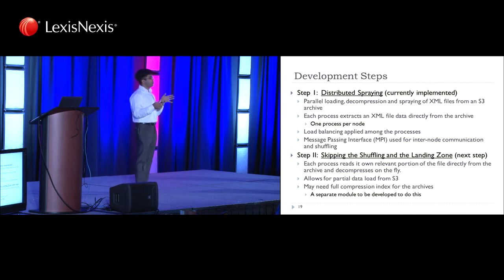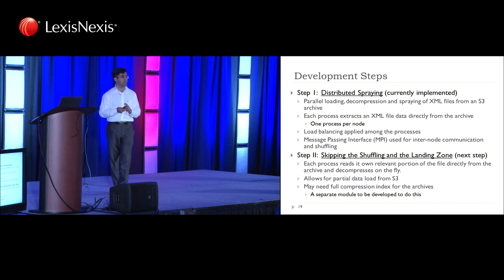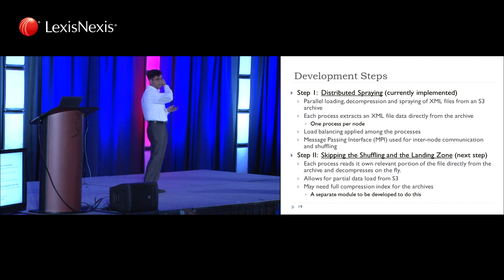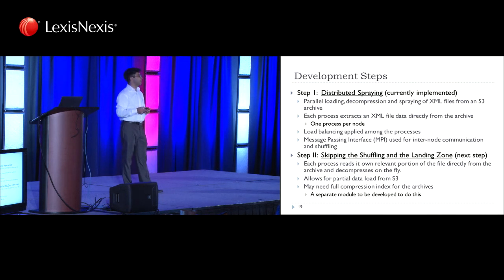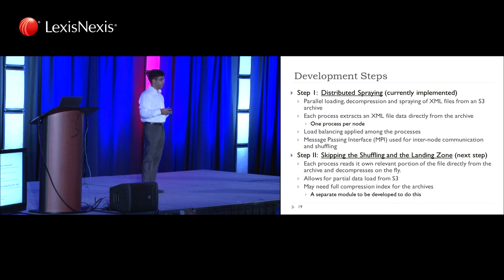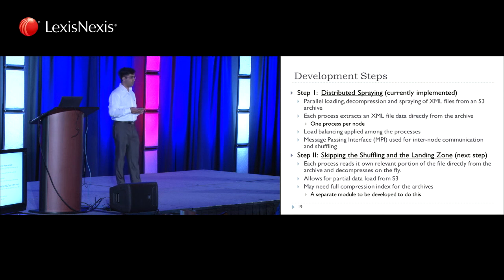Instead of having one node doing that, you have multiple nodes on the Thor that directly connect to S3, read your XML records and files from that archive, decompress them, and put them on their own node. Because those files need to be distributed, we have a distributed spraying happening at the end. We are load balancing those operations to make sure everything is happening in the most optimized way.